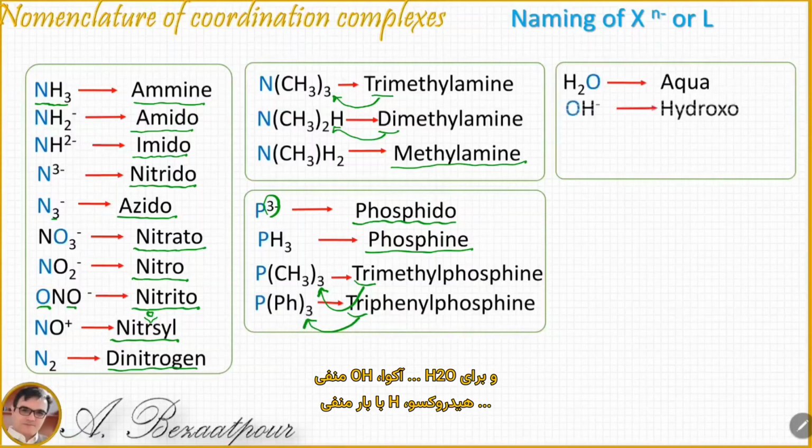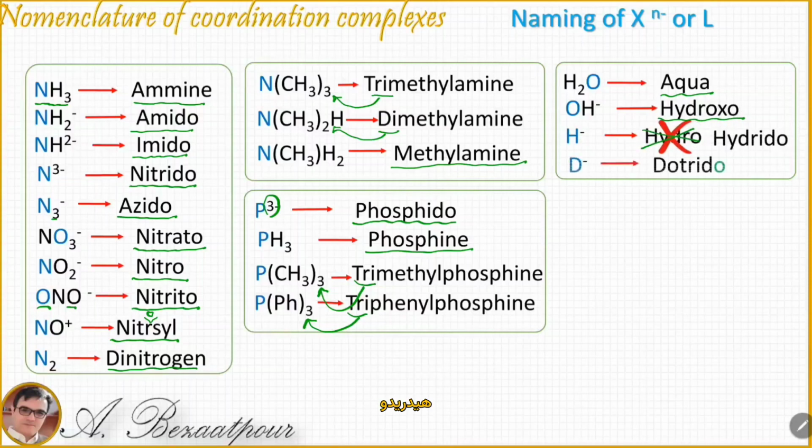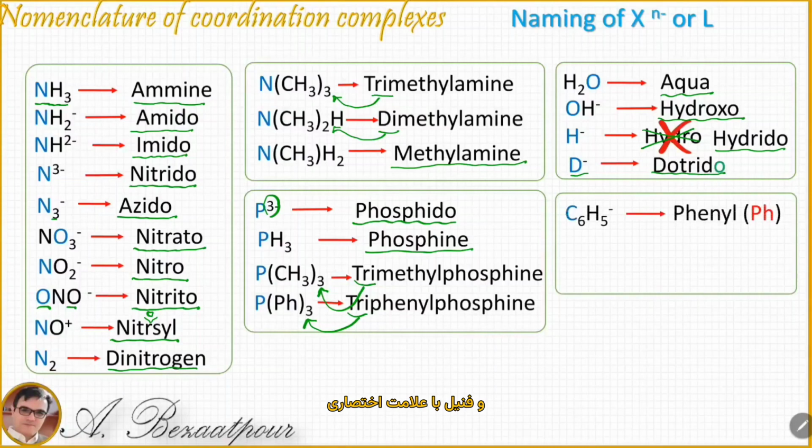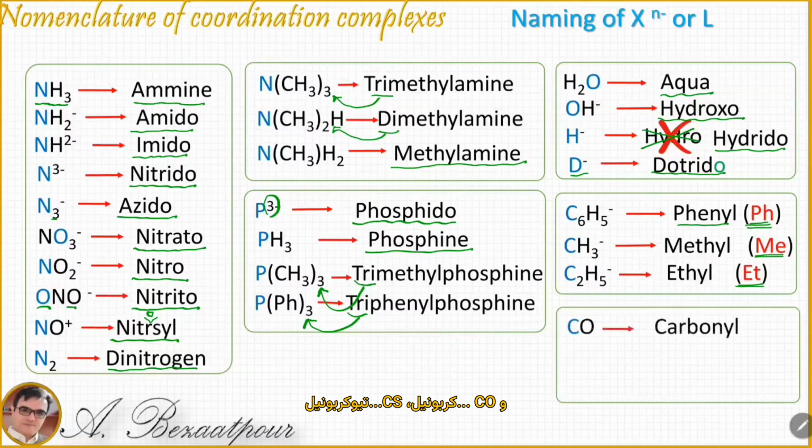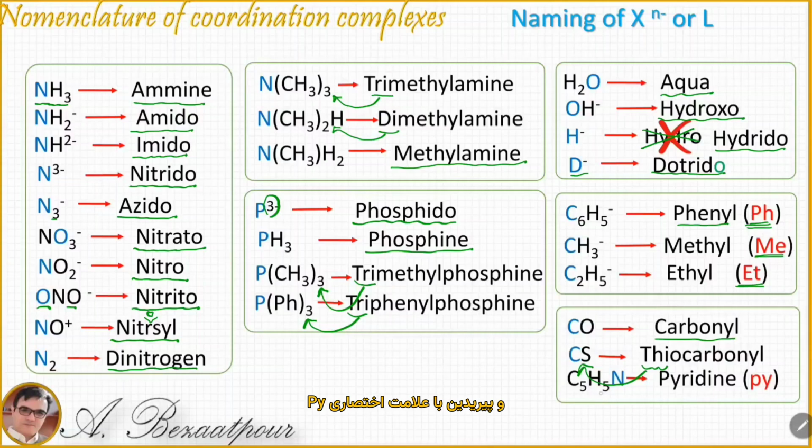And for H2O, aqua; OH minus, hydroxo; H minus, it is not hydro, it is hydrido; D minus, deuterido; and phenyl with abbreviation Ph, methyl with abbreviation Me, and ethyl with abbreviation Et; and CO, carbonyl, and CS, thiocarbonyl; and pyridine with abbreviation py.